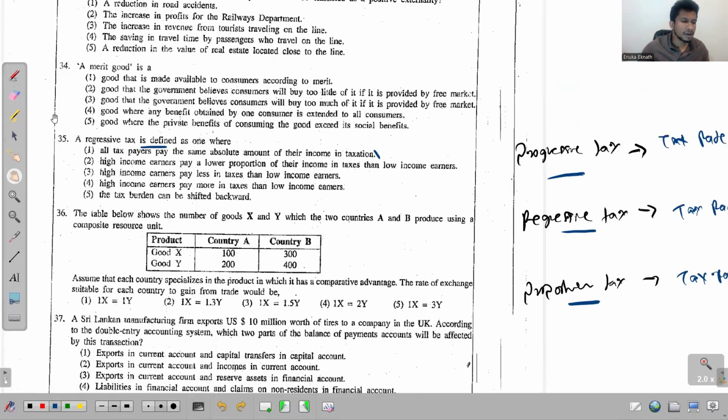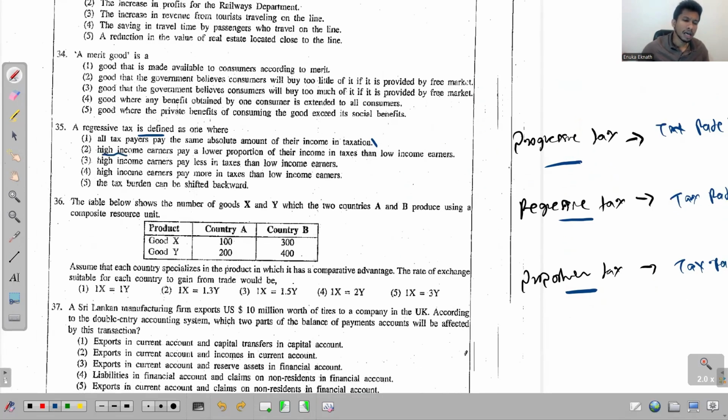Right. The second option says high income earners pay a lower proportion of their income in taxes. Okay, wait. So high income earners. High income means the tax base. What is it? High income is tax base. Now in this case, the tax base is high. So if their tax base is high, they pay a lower proportion of their income in taxes, which means the tax percentage is low.